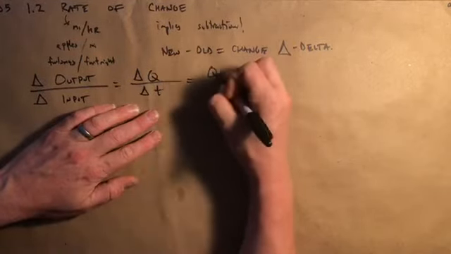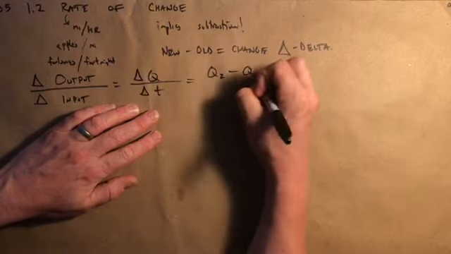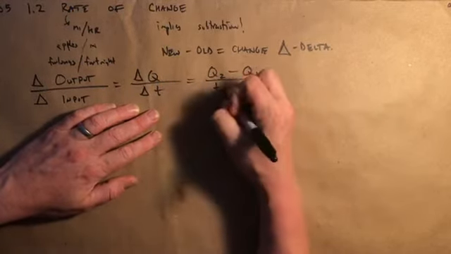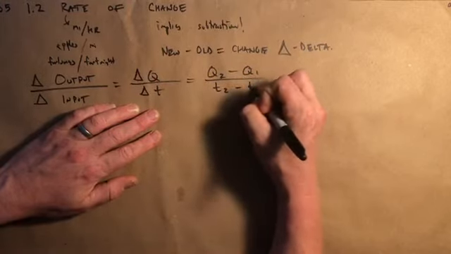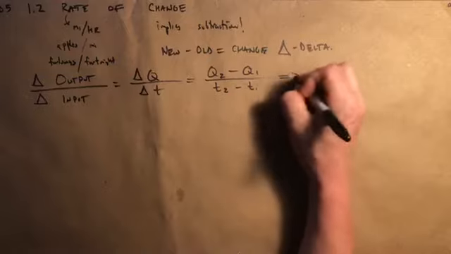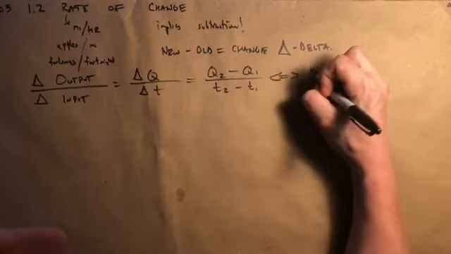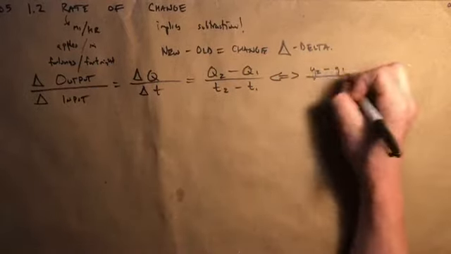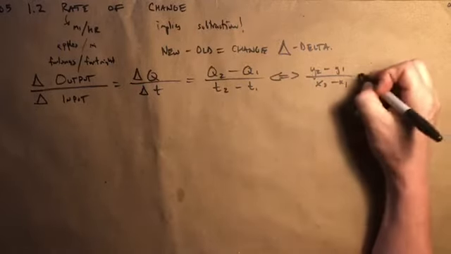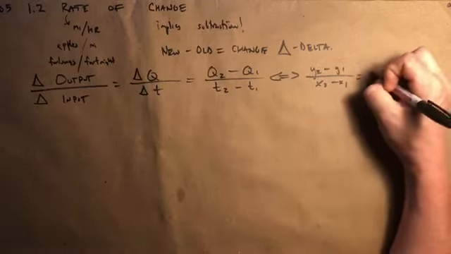And maybe I'll even go q2 minus q1. That's quantity 2 minus quantity 1 divided by time 2 minus time 1. But if I really wanted to, I could also say that this is completely equivalent to y2 minus y1 over x2 minus x1, which is your old formula for your friend, slope.